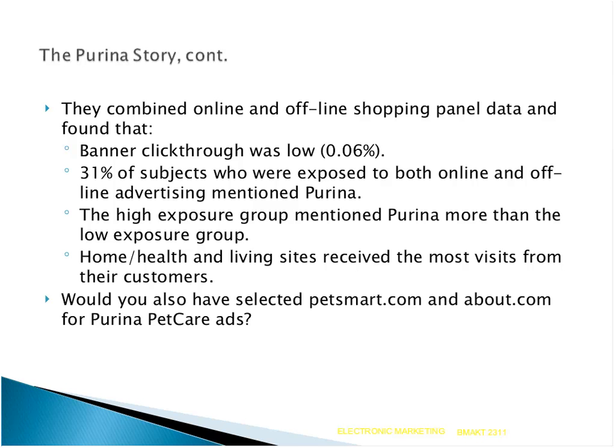So these are the most common outcomes that they got out of the search they did from their offline and online database. And the question here is this: would you also have selected PetSmart.com or About.com for Purina Pet Care ads?